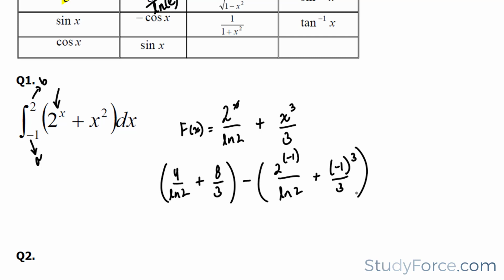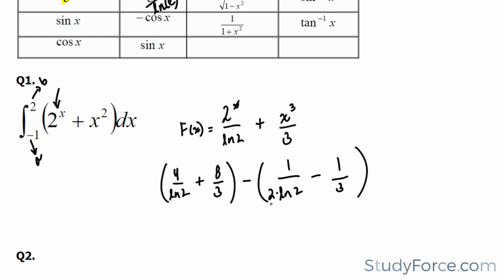Now, just to be clear here, this would become simply -1, and so I'm just going to replace this with -1. And 2 to the power of -1 is the same thing as saying 1 over 2. So I'm just going to place that 2 underneath here.